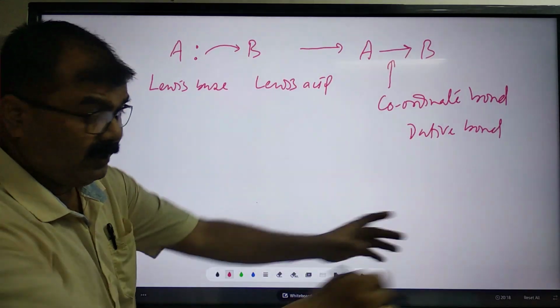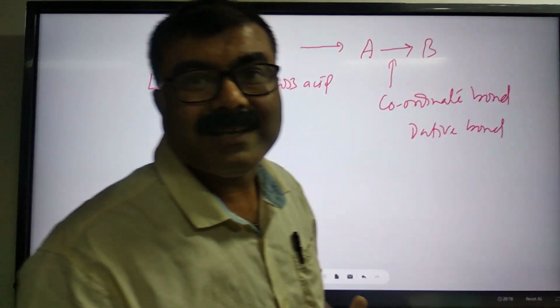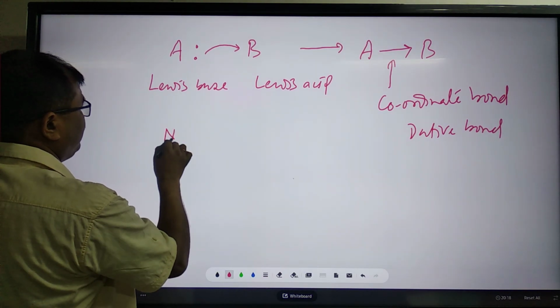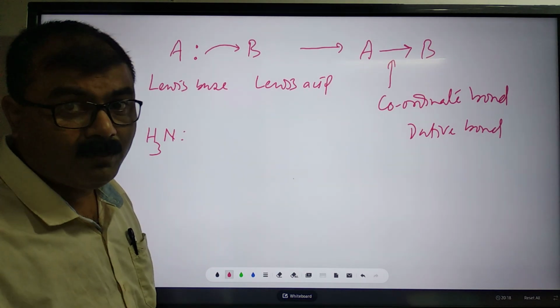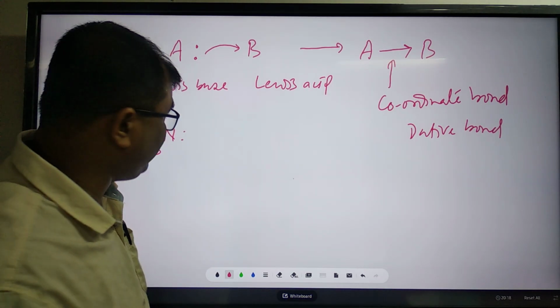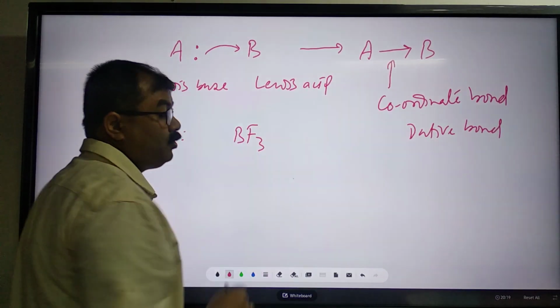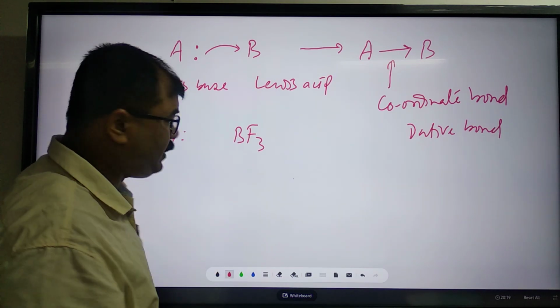Yes. Okay. Let us discuss an example. Suppose here ammonia. We know ammonia is a neutral molecule. It has one lone pair of electrons. Do you know what this is? Boron trifluoride. It is an electron deficient species.